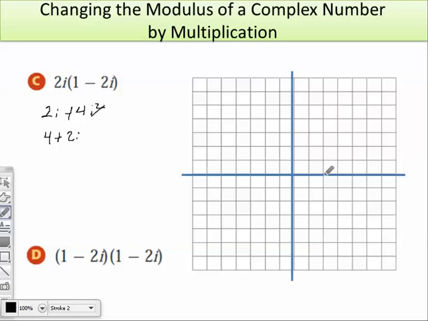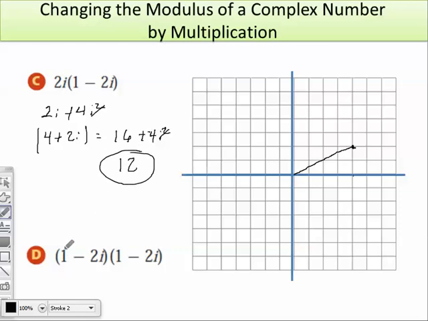I could graph that. There's 2, there's 4, there's 2. It's right there. My modulus is going to be that distance there, right? So I take the modulus of that number, and I get 16 plus 4i squared. Well, that's negative 1. So 16 minus 4, that's 12. That's my modulus.